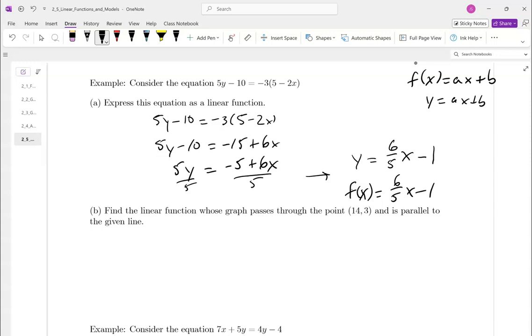They're the same, right? The lines don't intersect, so their slopes have to be the same. If one changes at a different rate than the other, they're going to cross at some point. So the slope of the line that we're interested in is 6 over 5, because it's the same. Parallel means same slope.